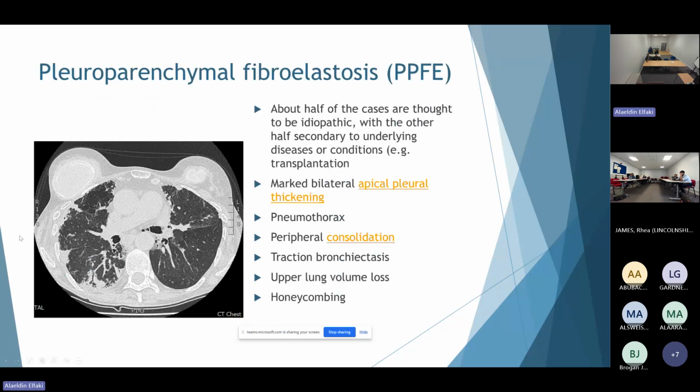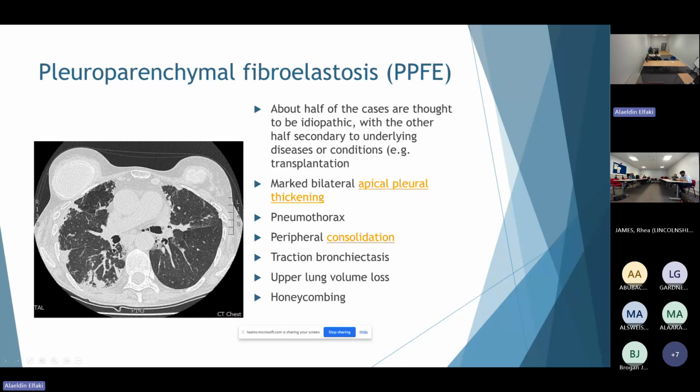Another pattern of interstitial lung disease is pleuroparenchymal fibroelastosis, PPFE. It has a worse outcome in this group of people, and it's characterized by pleural thickening, mostly in the apex of the lung, and sometimes patients might present with pneumothorax.